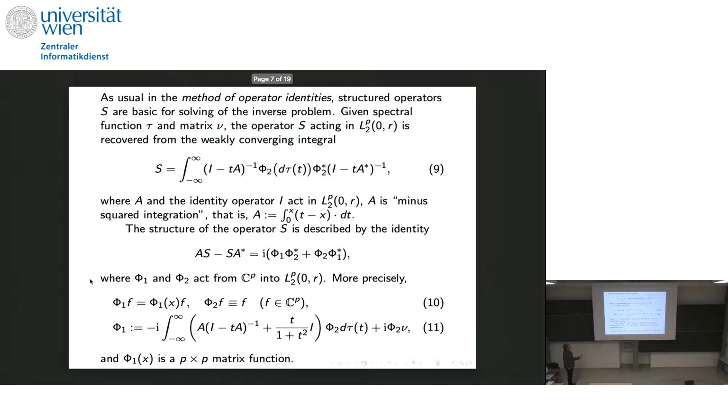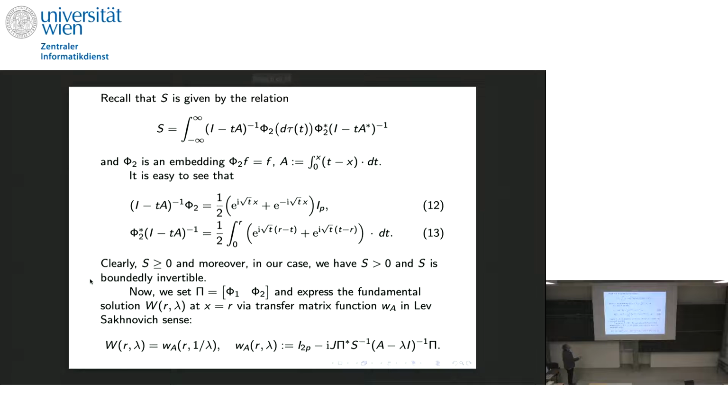So instead of phi sub 2 here, we can write the identity matrix, and then we have this, and it can be substituted in the formula for S. Clearly, S is non-negative.